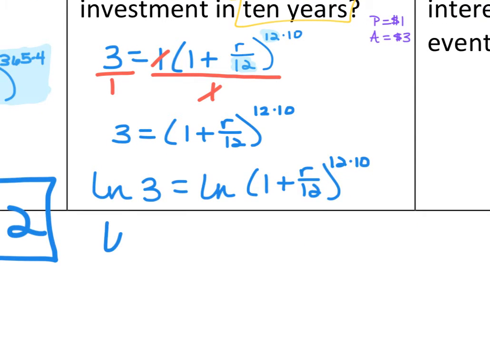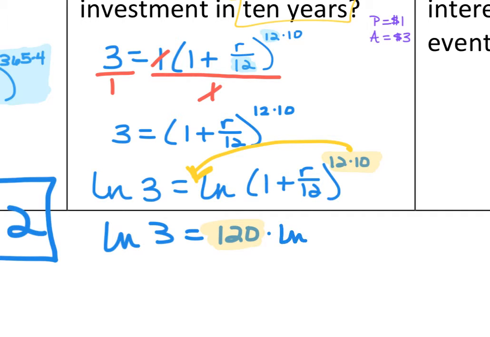And so now that 12 times 10, I'm just going to do that, 120. Yes, 12 times 10 is 120. It was an exponent, so now it has become a coefficient, times ln of everything that's in the parentheses.